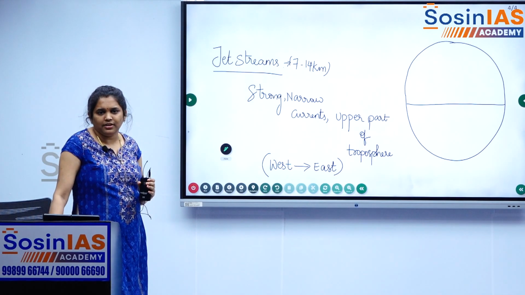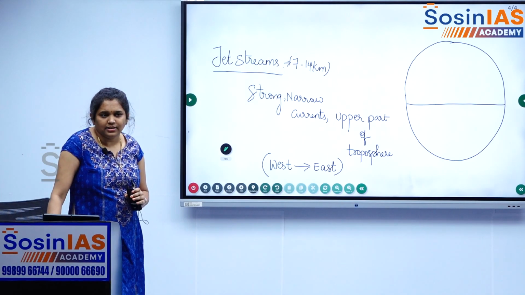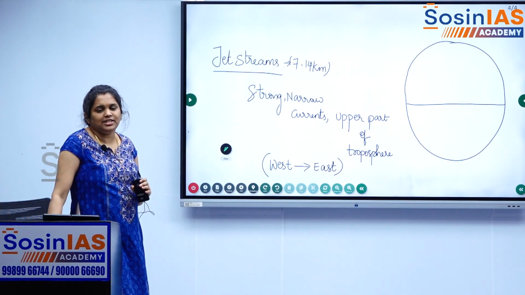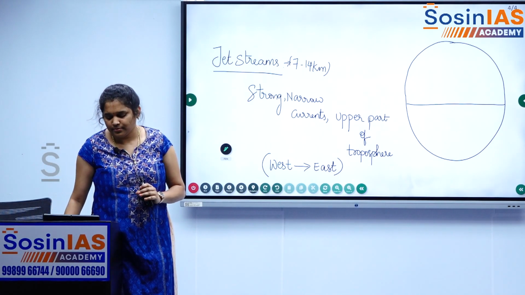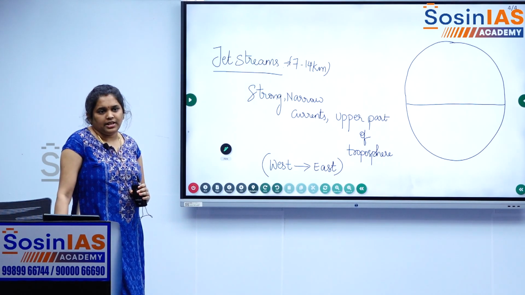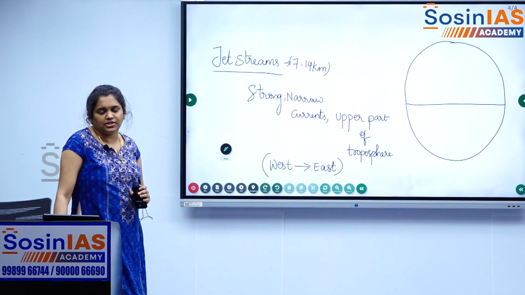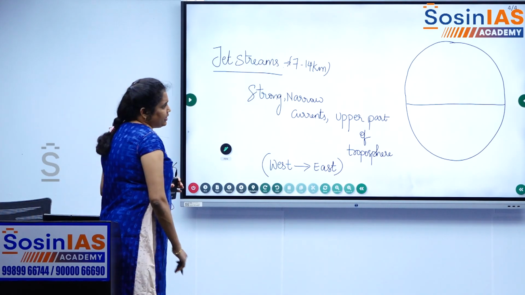How many points have you written with respect to characteristics? 4. Then please write, there will be a seasonal change in the wind velocity of jet streams.